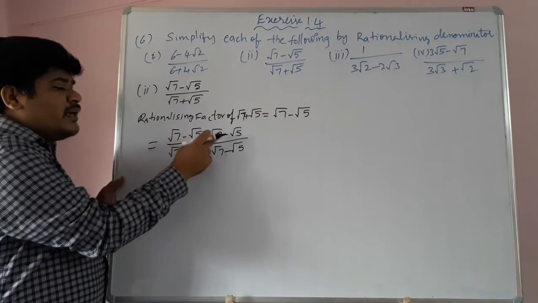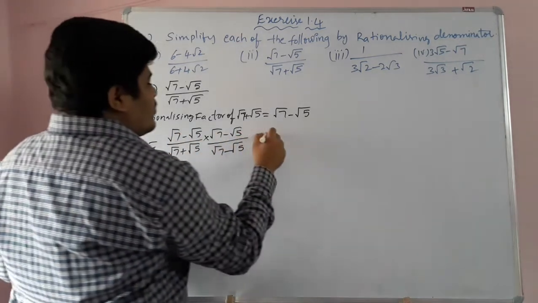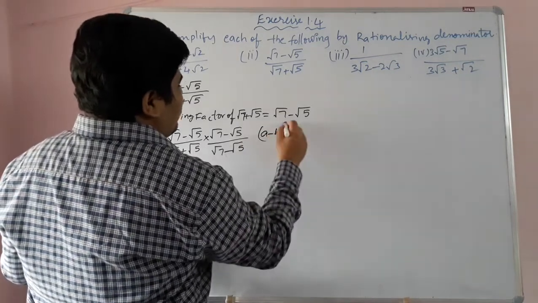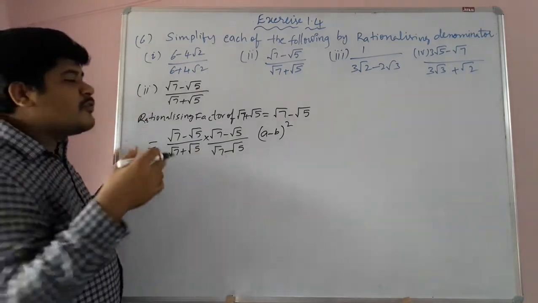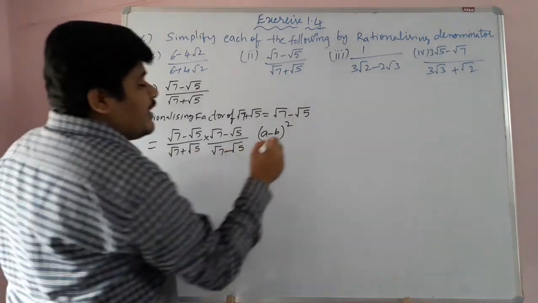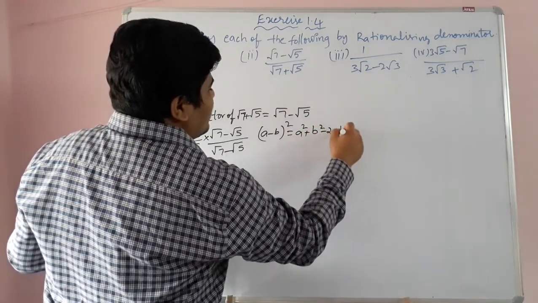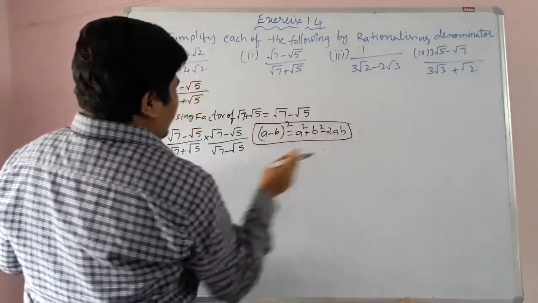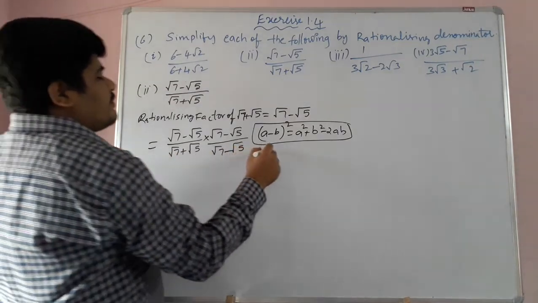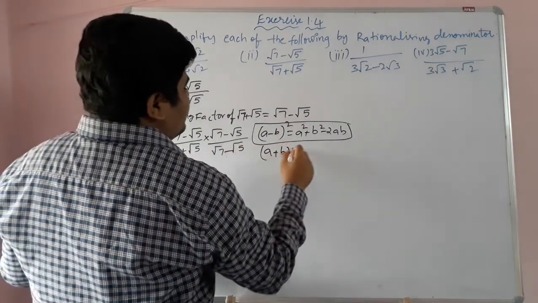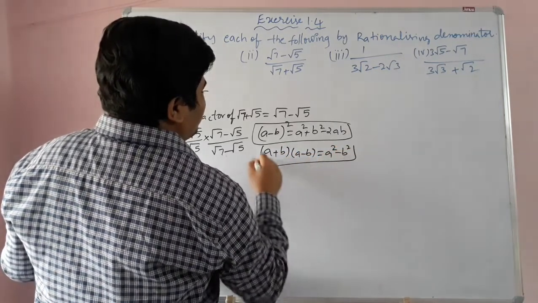A minus b into a minus b is a minus b whole square. This numerator is in the form of a minus b whole square. What is the expansion? a square plus b square minus 2ab. And the denominator, a plus b into a minus b, gives you a square minus b square.